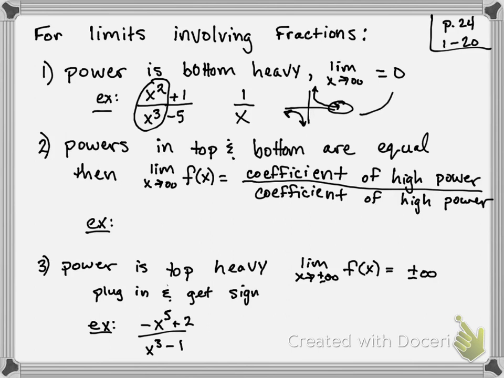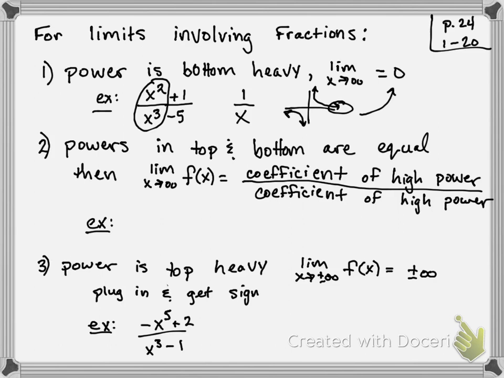So that's why these all go to 0. Anytime the highest power of x is in the bottom of the fraction, my limit as x goes to infinity is always going to approach 0. So that's your first type. Power's bottom heavy, as you go to infinity, it's going to go to 0.